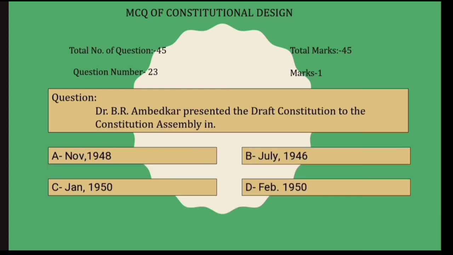Question 23. Dr. B.R. Ambedkar presented the draft constitution to the Constituent Assembly in Option A. November 1948, B. July 1946, C. January 1950, D. February 1950. Correct option is A. November 1948.